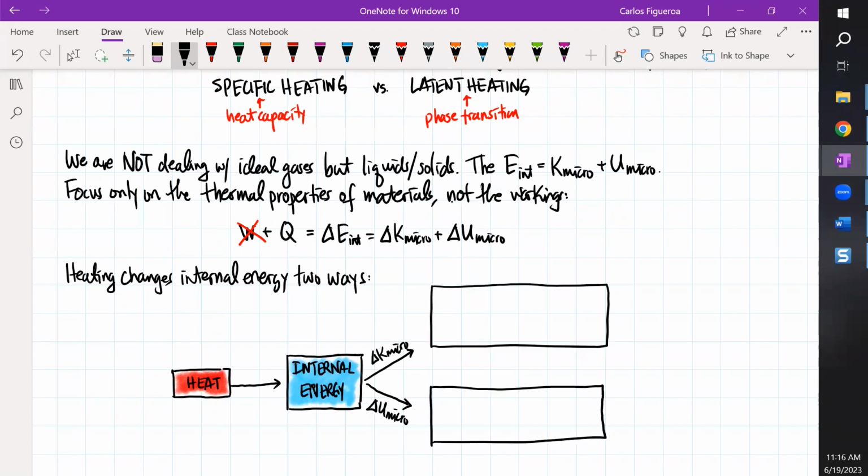So what happens? In the green box, this is going to be heat and temperature change. This is what we call specific heat capacity. So specific heat capacity lives with heat and temperature change.